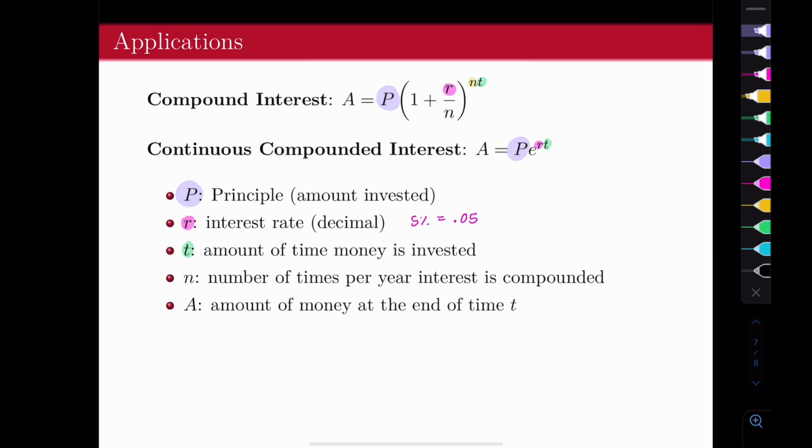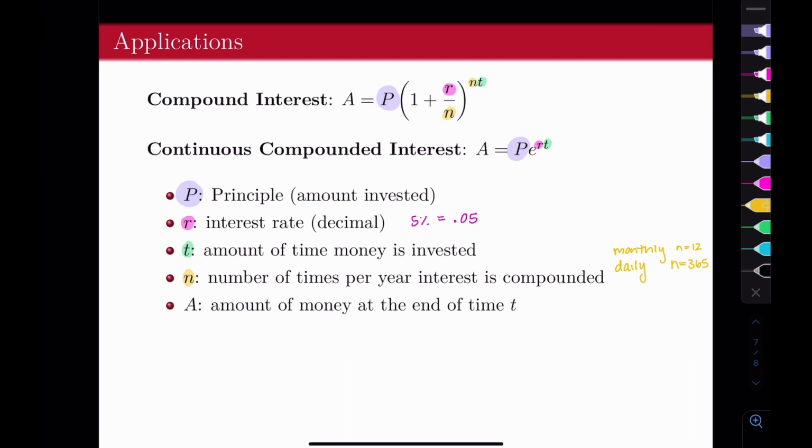And then N is unique to just this first equation. It's the number of times per year the interest is compounded. So to give you some examples, if you have monthly, then your value of N is 12. If you have daily, then your value of N is 365.